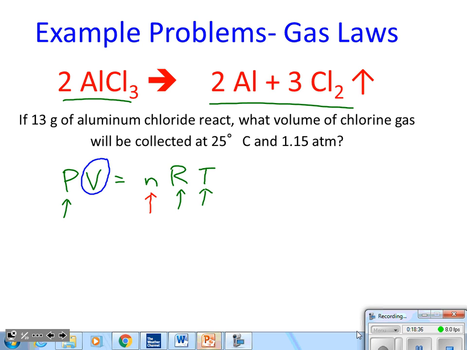Number of moles, right? Well, here's the beauty of this, folks. I want to find the volume of chlorine gas, right? Could I find the number of moles of chlorine gas with the information that I have given to me?